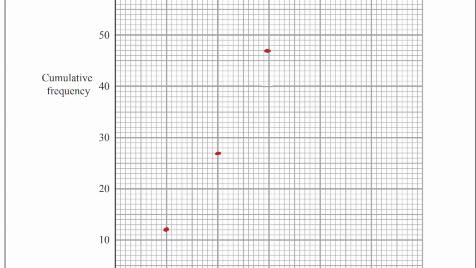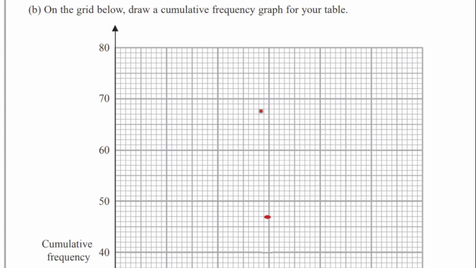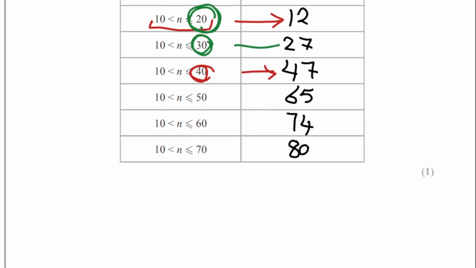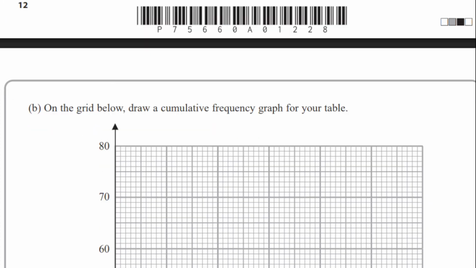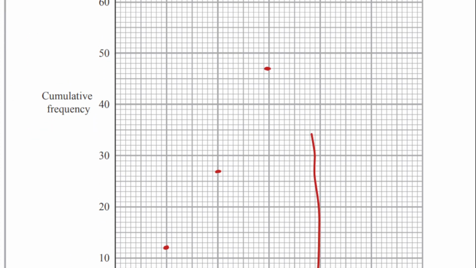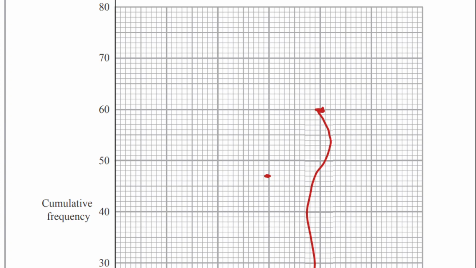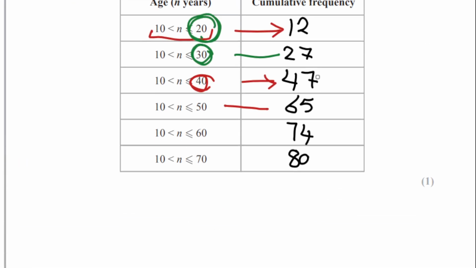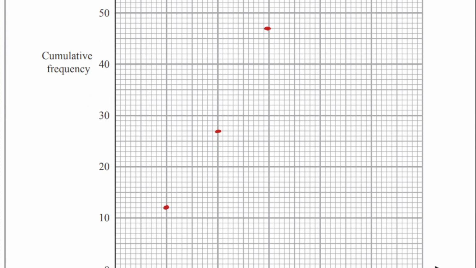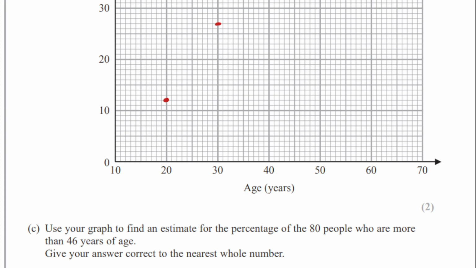That's very good. Next one is 50 and 65. This is 50. This is 50 and 60. This is 65 exactly here. We don't need this line. Next, 60 and 74. 60 is here.